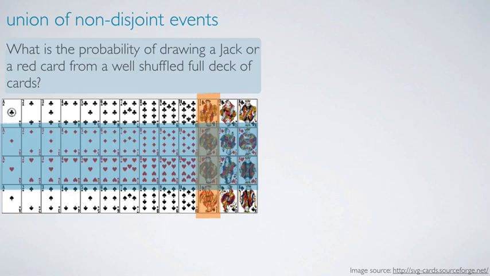We need to consider this overlap when calculating the probability of drawing a jack or a red card, since we don't want to double count the 2 red jacks and artificially inflate our probability of the desired outcome. To find the overall probability, we add up the individual probabilities just like before, and then we subtract the joint probability. In other words, the overlap.